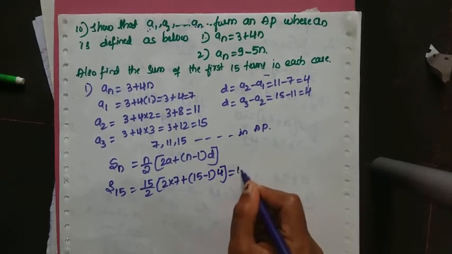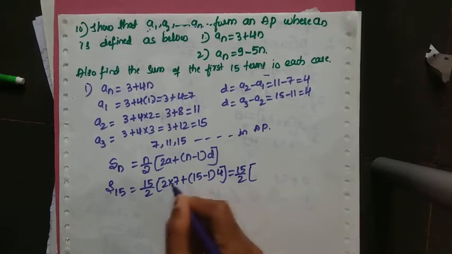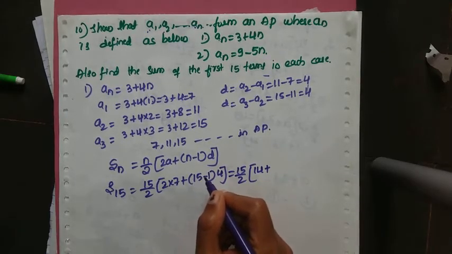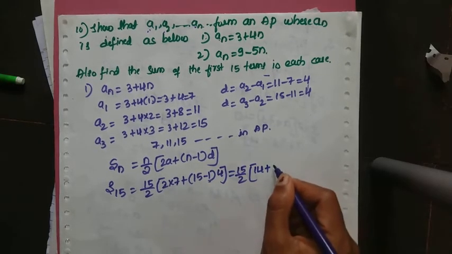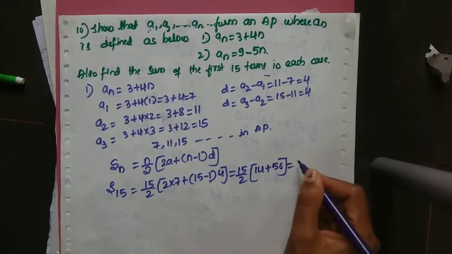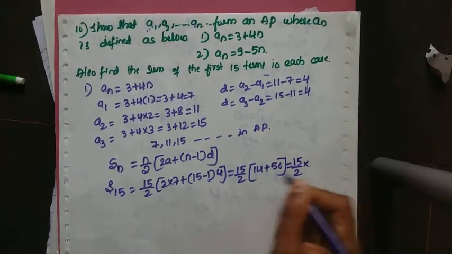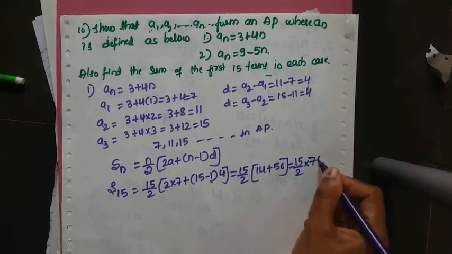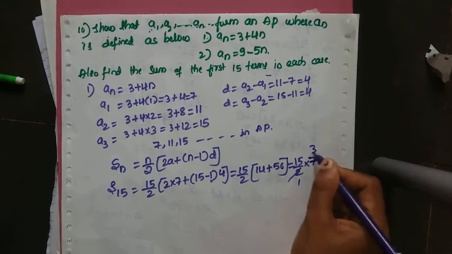This equals 15 by 2, 7 twos are 14, plus 14 fours, that is 56. So 15 by 2 into 14 plus 56, which is 70, and 70 by 2 is 35.